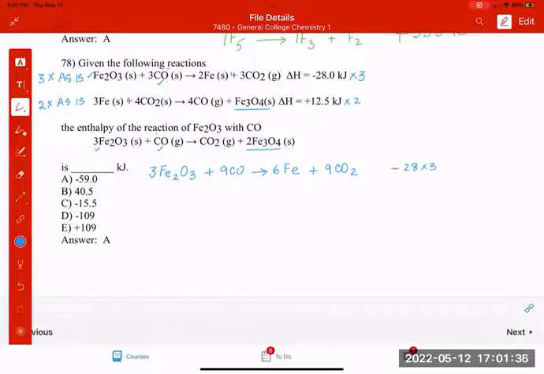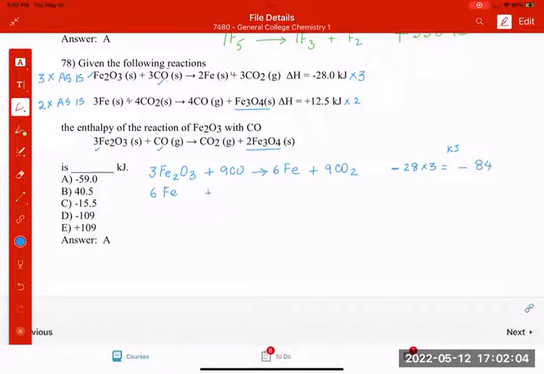And that's a negative number, so that will stay. 84, and that's kilojoules, and that's negative. Is equal to negative 84 kilojoules.